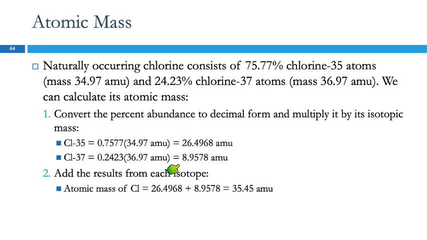This gives us another number. We add those 2 together, and we get the average atomic mass, which we just refer to as the atomic mass. So the atomic mass of chlorine is 35.45 atomic mass units. There are actually no chlorine atoms that weigh that. There's some that are heavier and some that are lighter, but this is the average, and that's what's important.